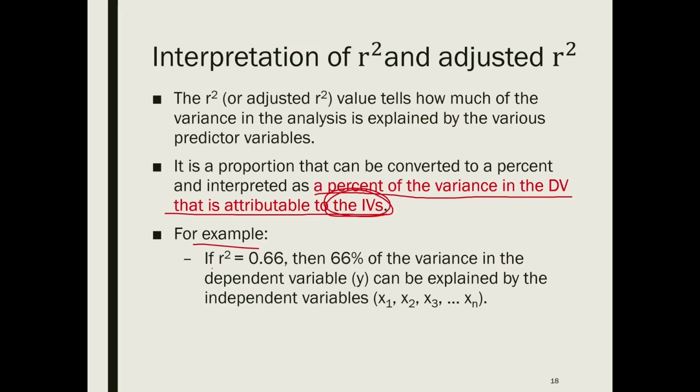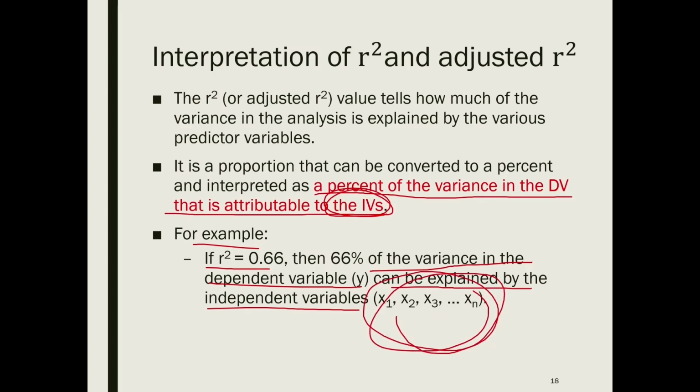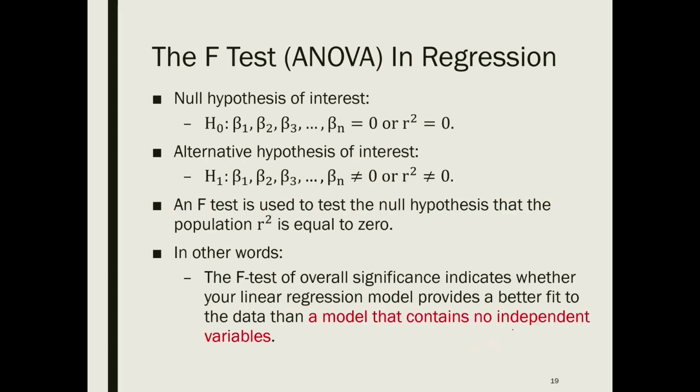For example, if the R square is 0.66, then 66% of the variance in the dependent variable y can be explained by the independent variables x1, x2, x3, whatever you use in this data analysis. Okay, so the logic of the R square is exactly the same as how we interpret the R square in the correlation. Okay. The second is the F-test.